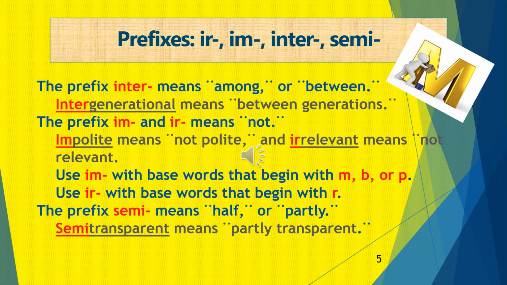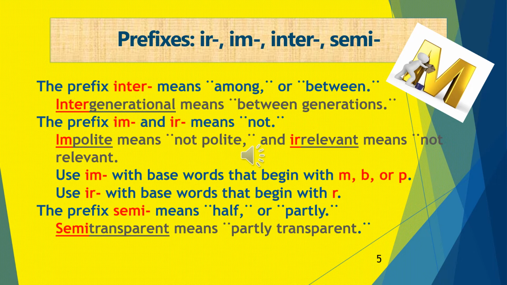Okay, let's do another example for the prefix ir. If you have a base word that begins with R, you're going to use the prefix ir. What about rational? Rational starts with the letter R, so you are going to use the prefix ir, and the word is going to be irrational. Irrational.